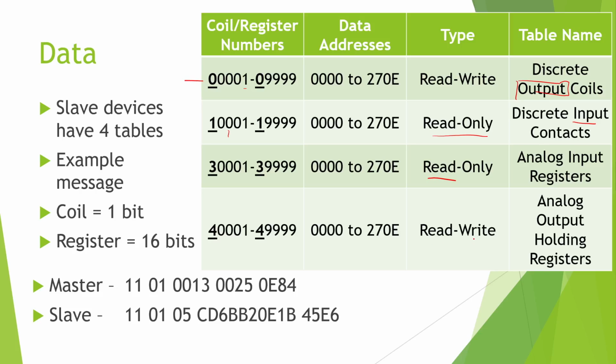So I find this kind of interesting. It does make perfect sense in the world of PLCs. But an input you can only read. You can't say, hey, make this input this. Well, in the world of PLCs you can actually do that, but basically, instantaneously, it reverts back to its old value. Some software will let you do it, let me just phrase it that way. Not all software will.